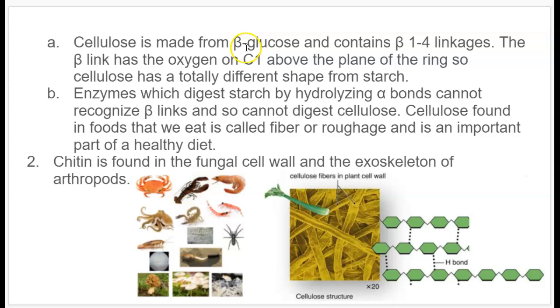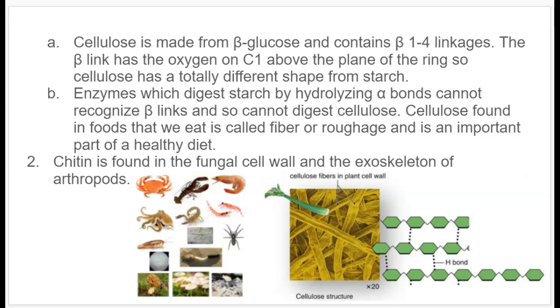Cellulose has a lot of beta glucose, and a lot of the enzymes that we produce can't break it down. Celery, for example, has a lot of cellulose. We eat it, but that's why there's that term roughage. A lot of the food we eat that has a lot of fiber or roughage is the cellulose base that our bodies can't break down, so it just passes through our digestive system and comes out.